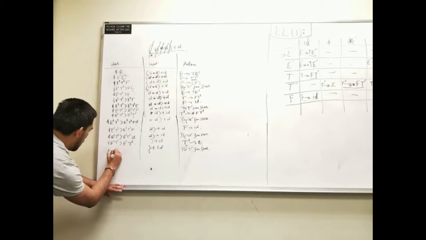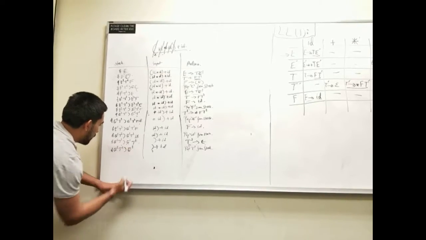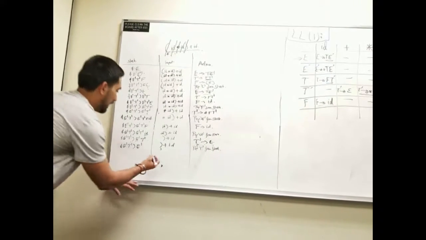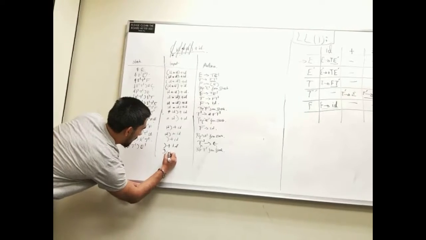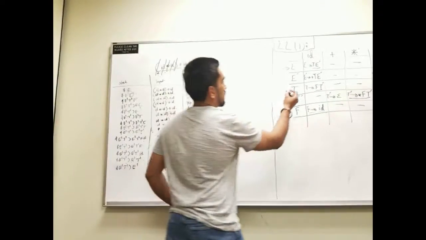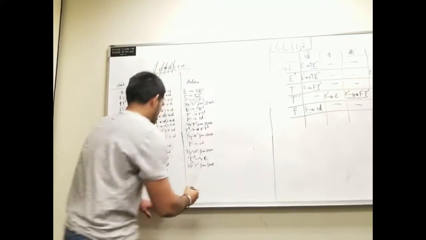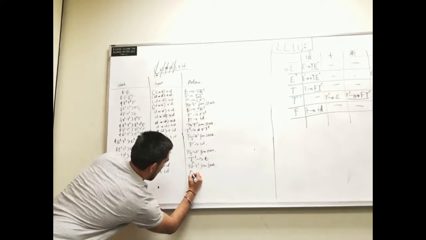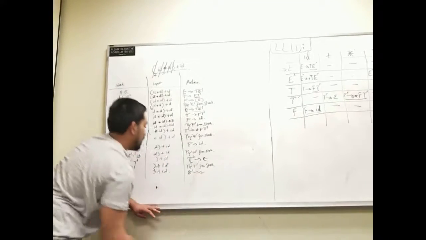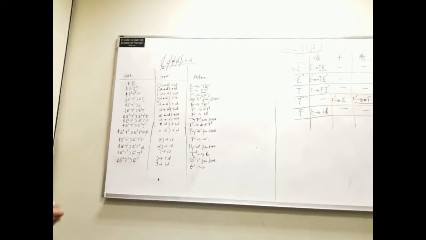So dollar E prime T prime closing parenthesis E prime. Now the input will again be closing parenthesis plus ID. So E prime with closing parenthesis, as you can see, is again epsilon. So E prime goes to epsilon. As we get an epsilon, we'll again have to pop E prime from the stack.